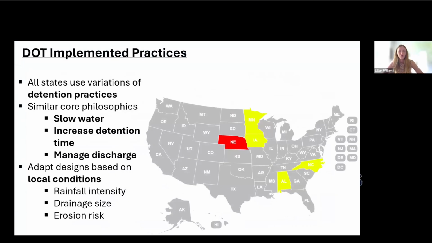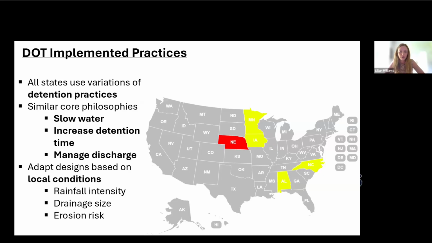So before we went too much further into getting our hands on these practices and running the test, we had to kind of take a step back and look around at what others were doing to see what we're able to implement. So we looked at states in the area.